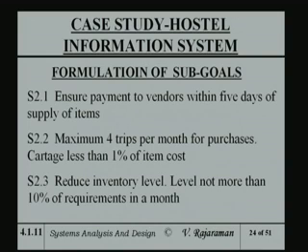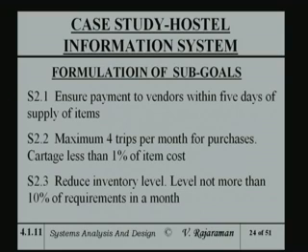And you reduce the trips per month for purchases to 4, and cartage to less than 1% of the item cost. So, the whole idea is that if you consolidate all your requirements and have a very clear inventory control system, then you can reduce the number of trips to the city, and that will bring down the requirement for cartage.